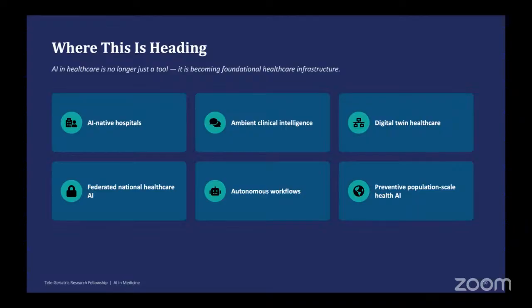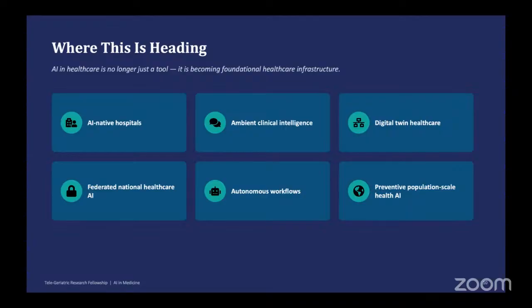Federated national healthcare AI would let entire health systems, even entire countries, train shared models collaboratively while keeping patient data local and private. We are also heading toward more autonomous workflows for routine operational tasks, and preventive, population-scale health AI that shifts entire health systems from reactive treatment to proactive prevention at scale.